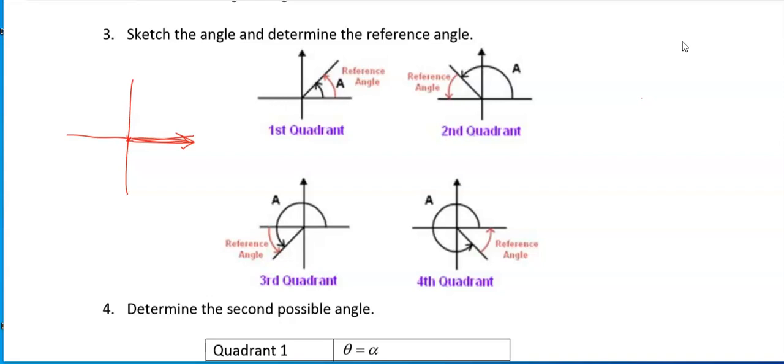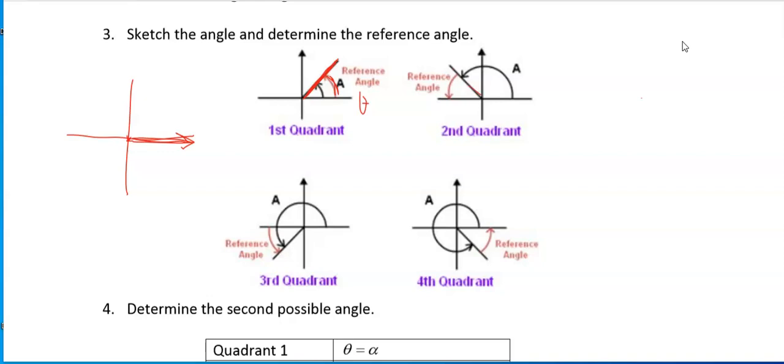So if your terminal arm right there ends up in quadrant number 1, the reference angle is formed between that terminal arm and the closest x-axis. So in this case, your reference angle actually is your theta if your terminal arm ends up in quadrant number 1. Here, quadrant number 2.